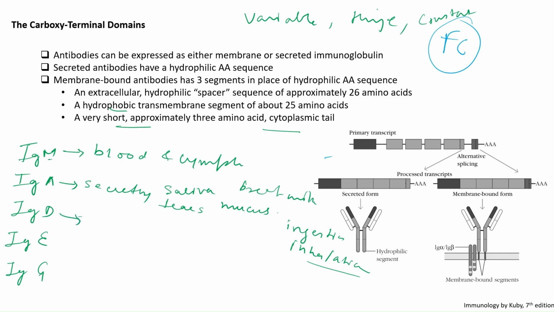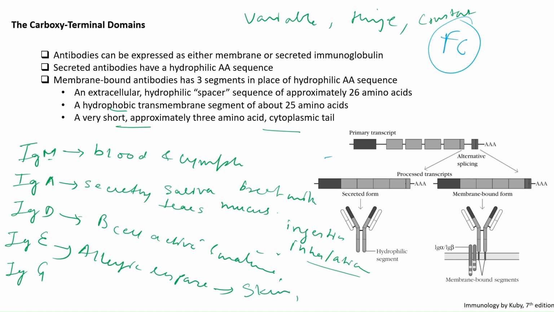Next comes IgD. It helps in B cell activation and maturation. Next is IgE. IgE mainly functions in allergic response. So IgE is found in our skin, lungs, and mucus, because it is responsible for allergic infection.